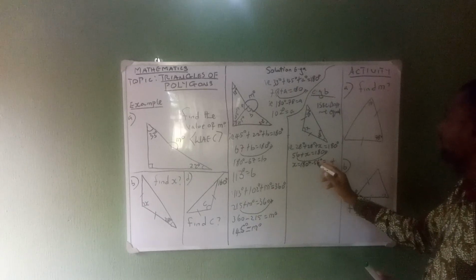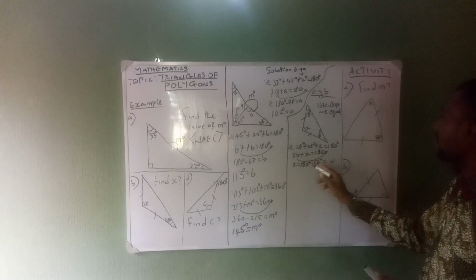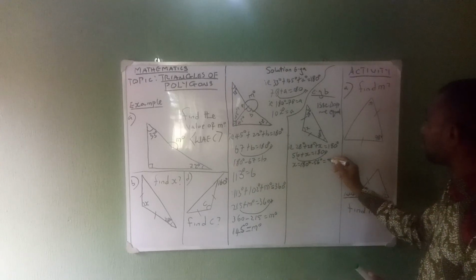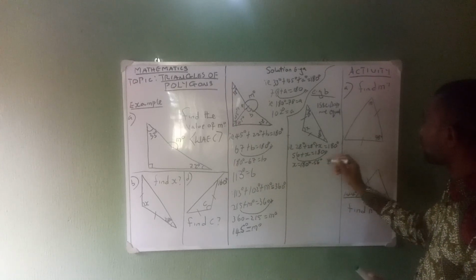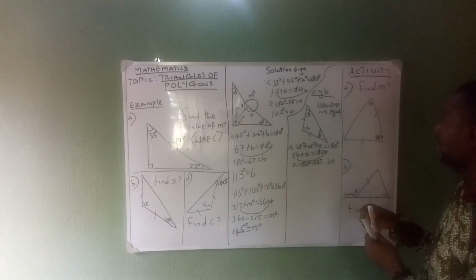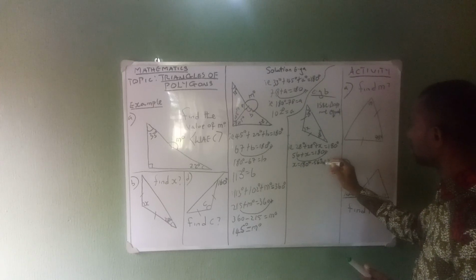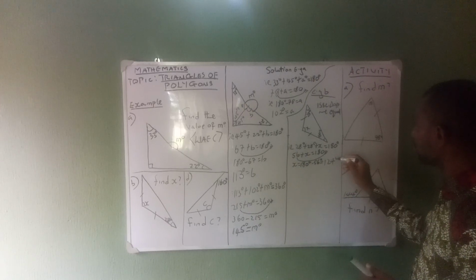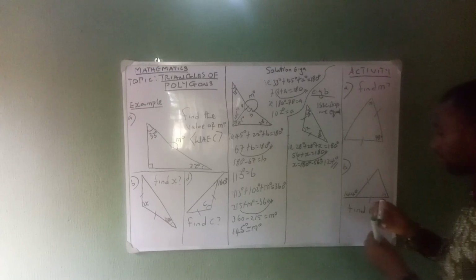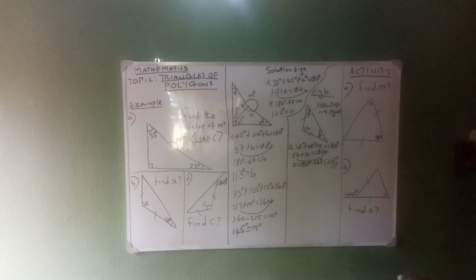Then 7 remaining here, 7 minus 5 gives us 2. Then 1 is remaining here, which is 124 degrees. So our x here is equal to 124 degrees.